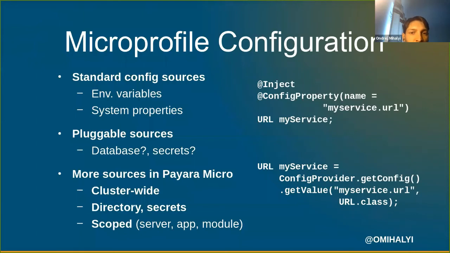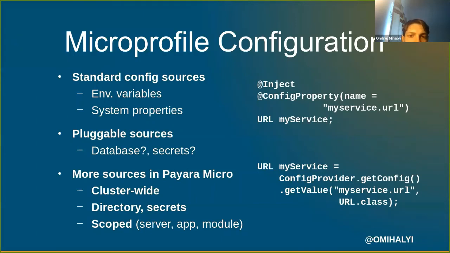If you want to have something more sophisticated, like when the number of your microservices grows and you want to configure them from one place, you can provide a custom config source in your applications, which plugs into the configuration mechanism and reads configuration from an external system, for example, a database, or if you want to get secret data that shouldn't be stored in a file or unencrypted in a database.